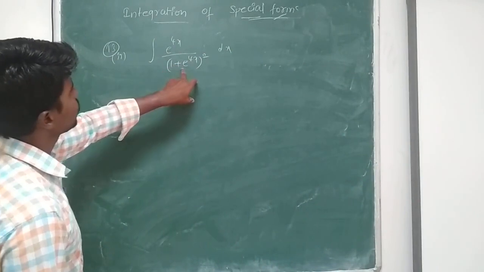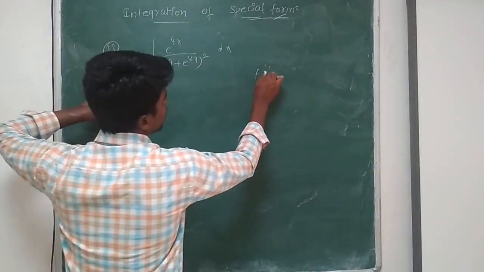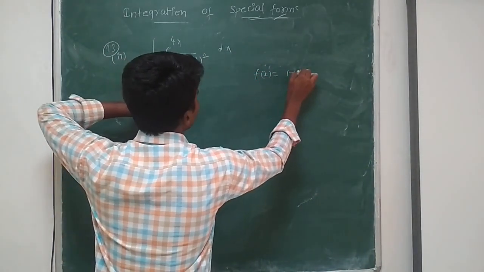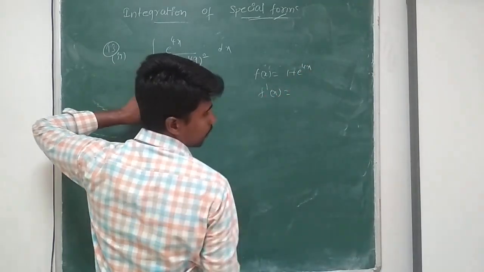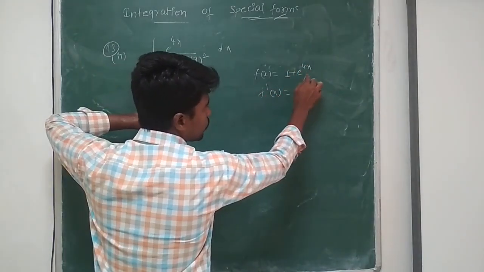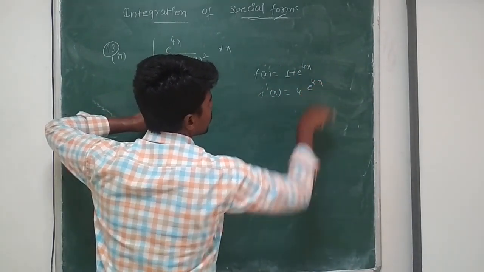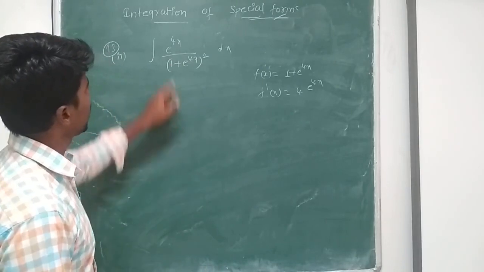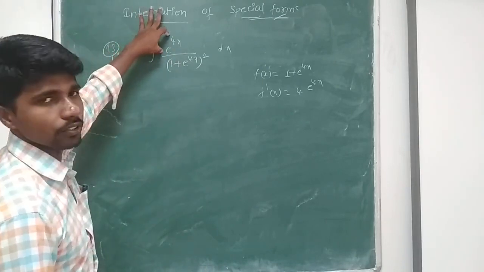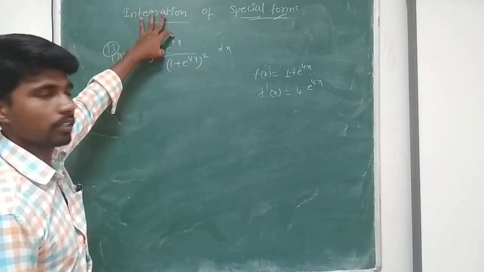Suppose I take this one as f of x, so let f of x be equal to 1 plus e power 4x. f dash of x will be equal to the derivative of 1, which is 0, plus 4 into e power 4x. Right? 4 into e power 4x. But I have here in the numerator e power 4x, so I can alter this. How?